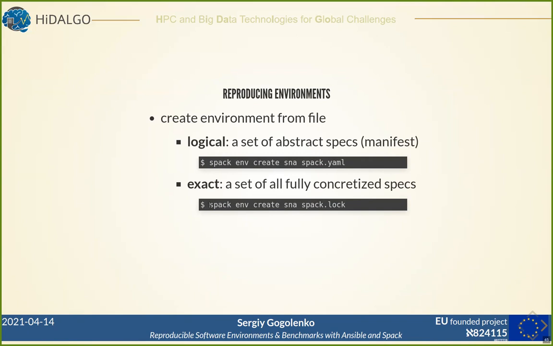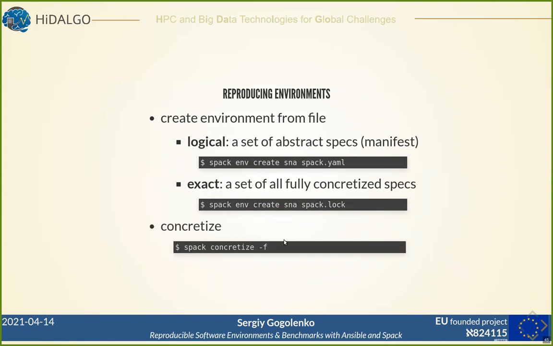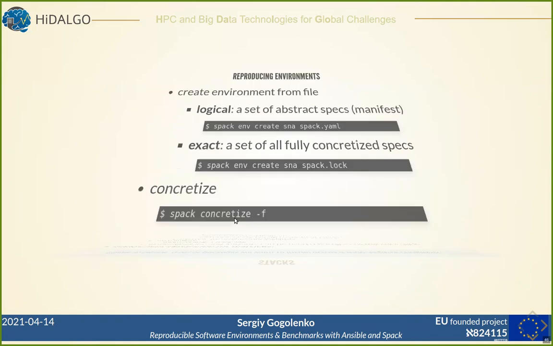The command is the same, but you should use the JSON lock file, which is basically a JSON. After both these processes, it's also recommended to forcefully concretize the environment in order to avoid different problems.